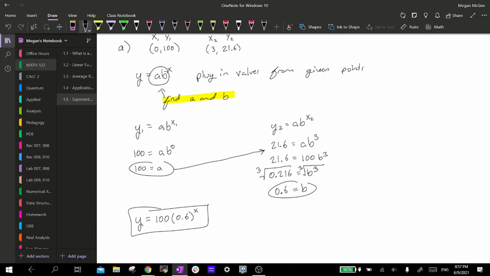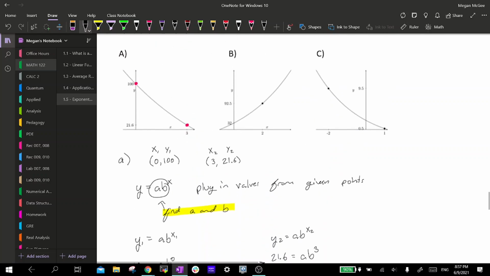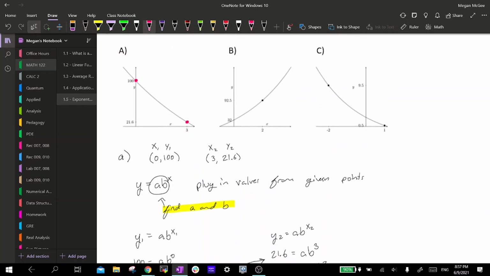So we're going to do the same thing with graph B. The 2 points given here are 2 and 92.5, and 0 and 32.